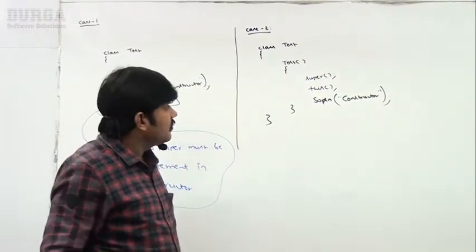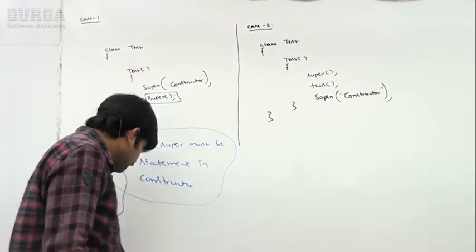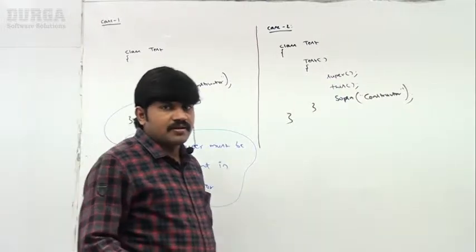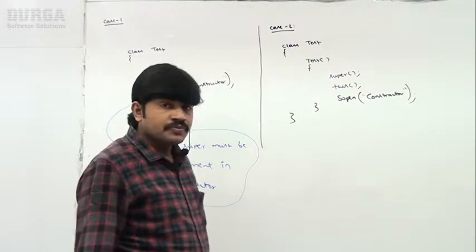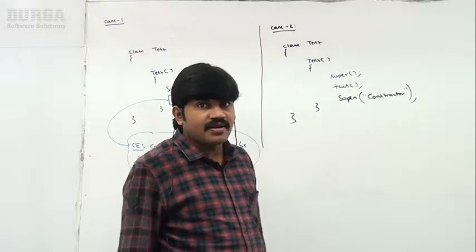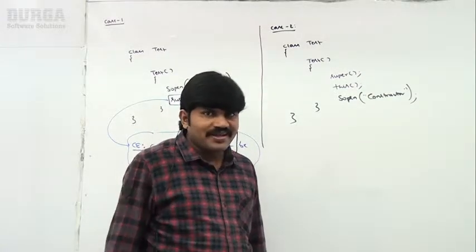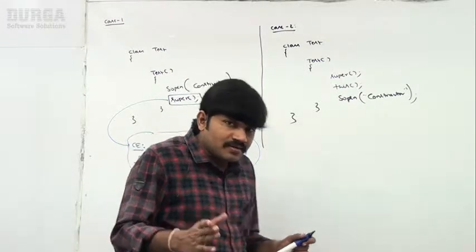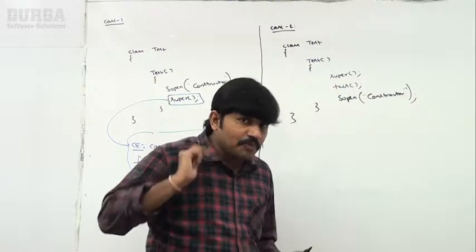Can you please tell if the code is going to compile or not? Please respond. Yes, friends. Immediately the compiler will give an error. What is the problem here? Listen. You can use super or this only in the first line.